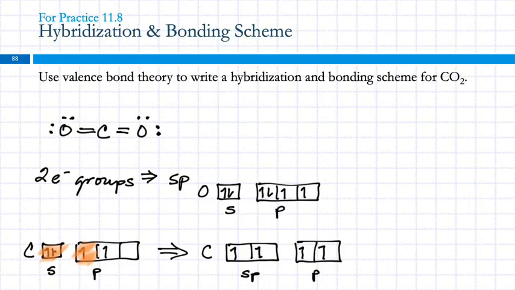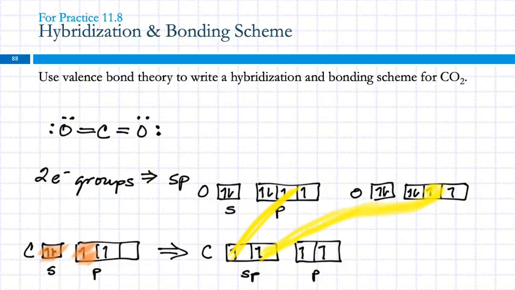So I'm going to take the hybrid orbital of the carbon and overlap with one of the p orbitals on the oxygen. And then I guess we kind of need to put the other oxygen in here. And another one, p orbital on the oxygen with the sp on the carbon.